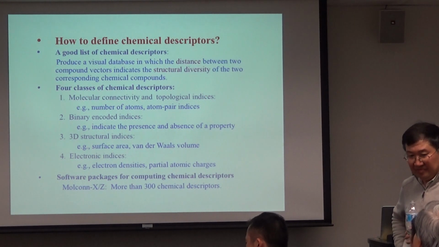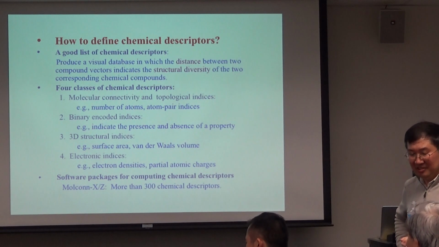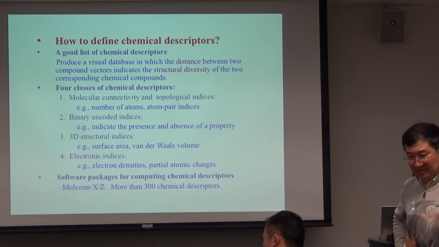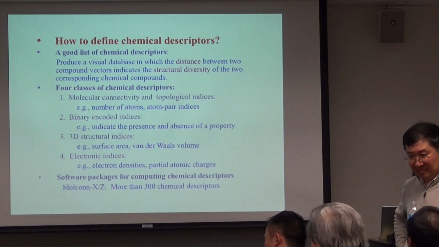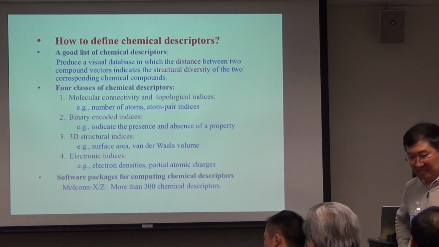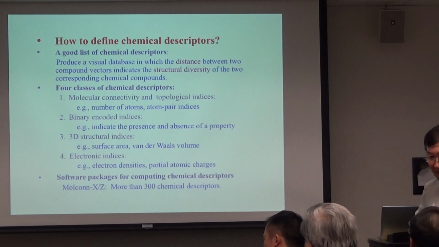So in the error function, you could probably use a different formula, maybe some function which can preserve the order of the metric, not the equivalent of the metric. Yeah, that's good. Thank you.